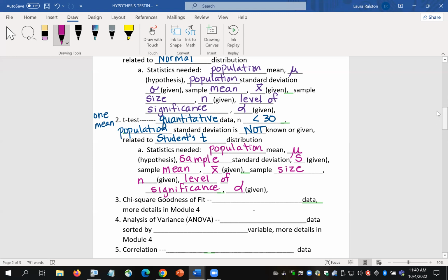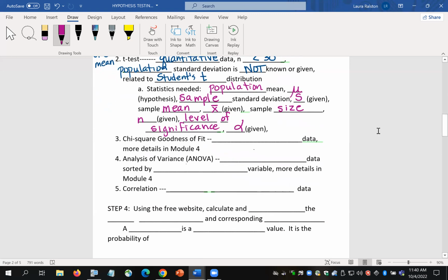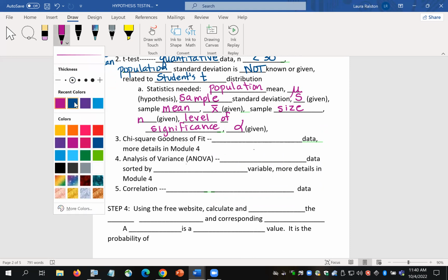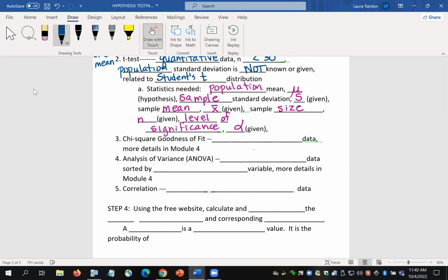We will also talk about ANOVA, or analysis of variance, and we will also do chi-square goodness of fit, as well as two other chi-squared. Okay, so I'm just going to give you a couple things. Chi-square goodness of fit is one of the few tests in statistics that deals with qualitative data.